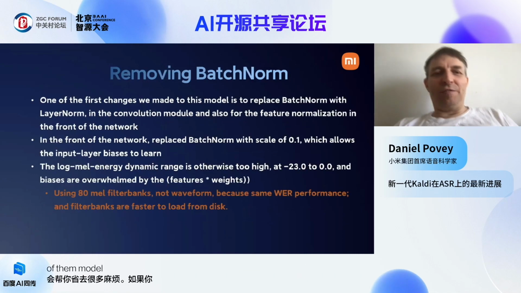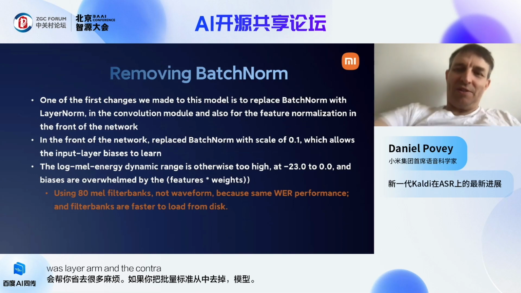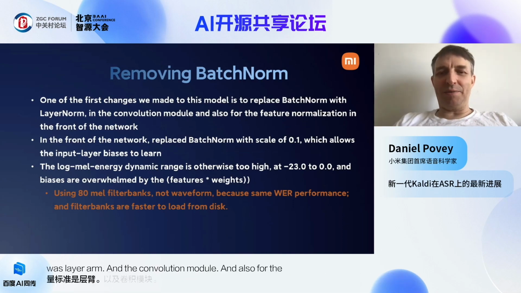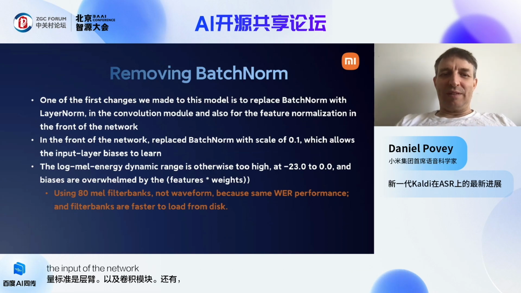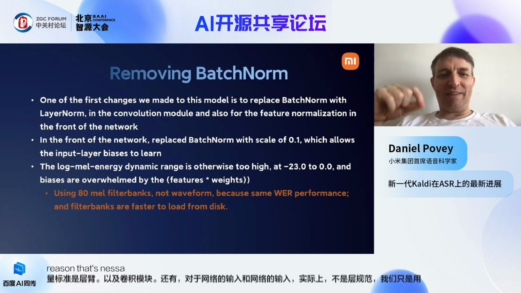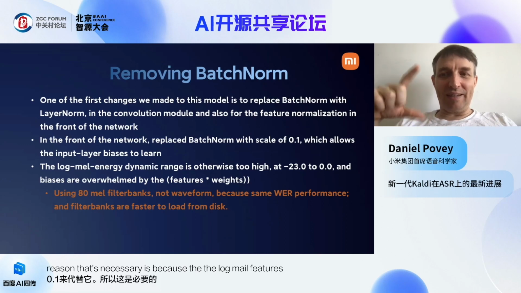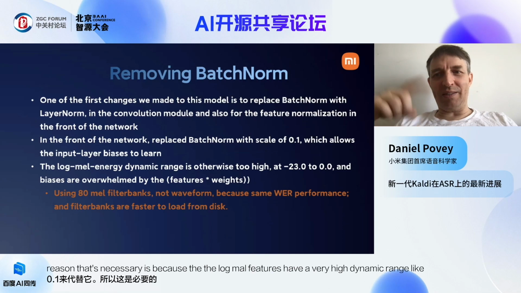So one of the first changes we made to the model is to just replace BatchNorm with LayerNorm in the convolution module, and also for the input to the network. And in the input of the network, instead of LayerNorm, we just replaced it with a scale of 0.1. The reason that's necessary is because the log-mel features have a very high dynamic range, like -20 to 0.